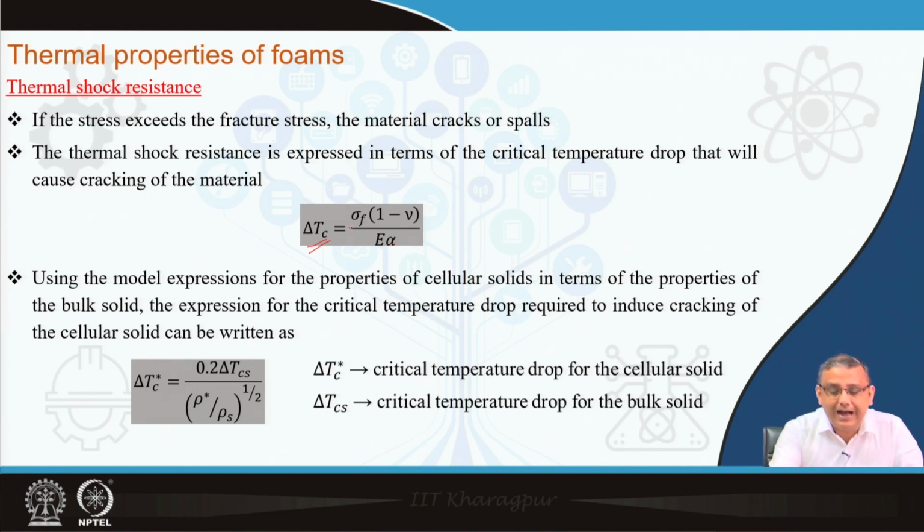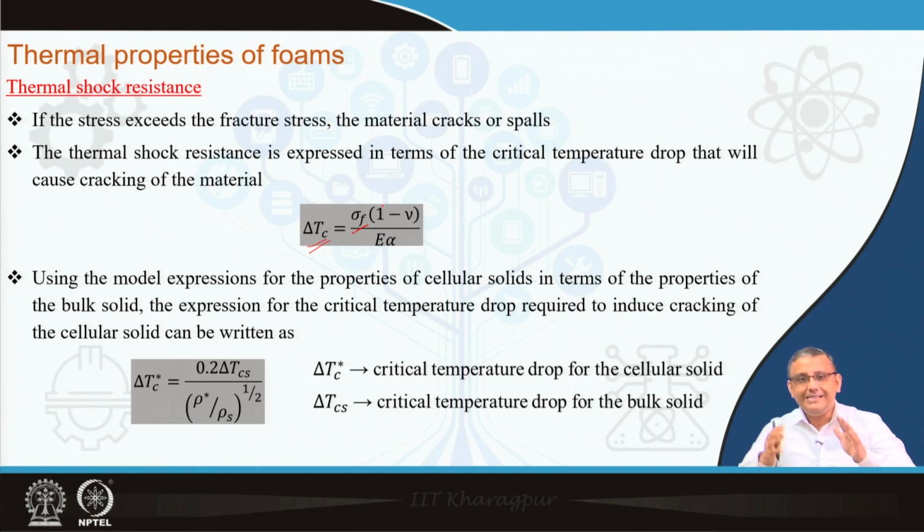And the higher the sigma f, the more will be the delta Tc, because in case of ceramic materials, the more is the flexural strength, the higher is the fracture toughness too. So normally, the higher the fracture toughness, the more will be the delta Tc.